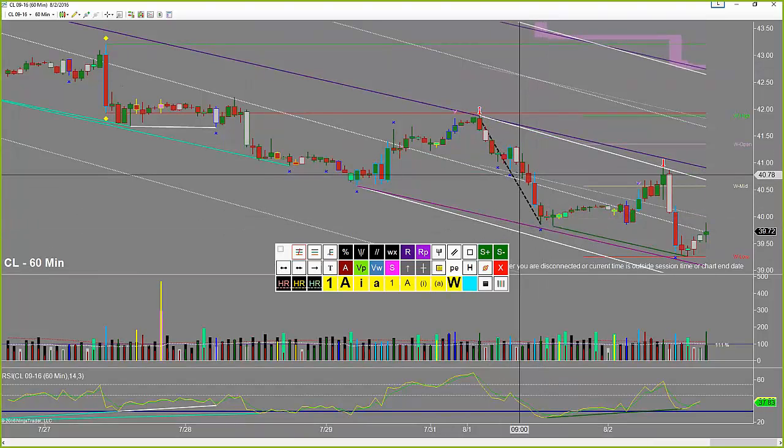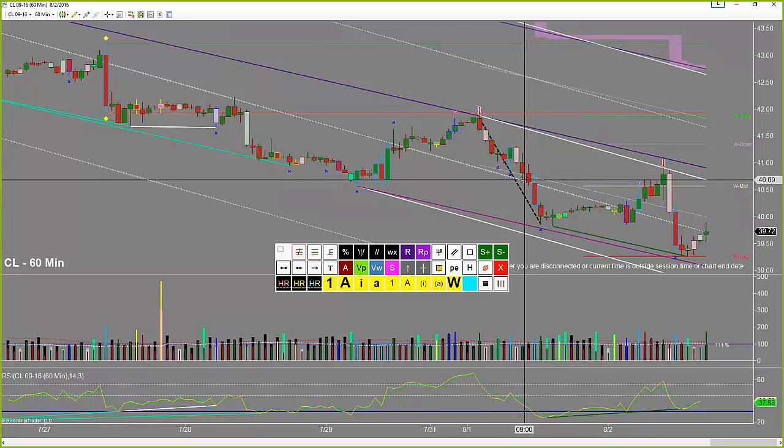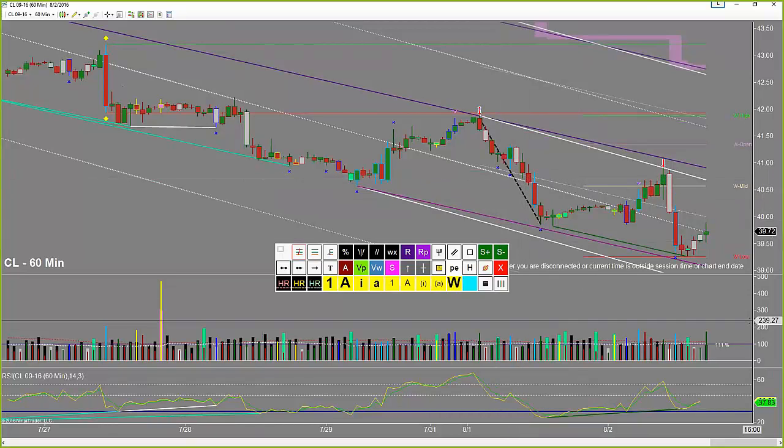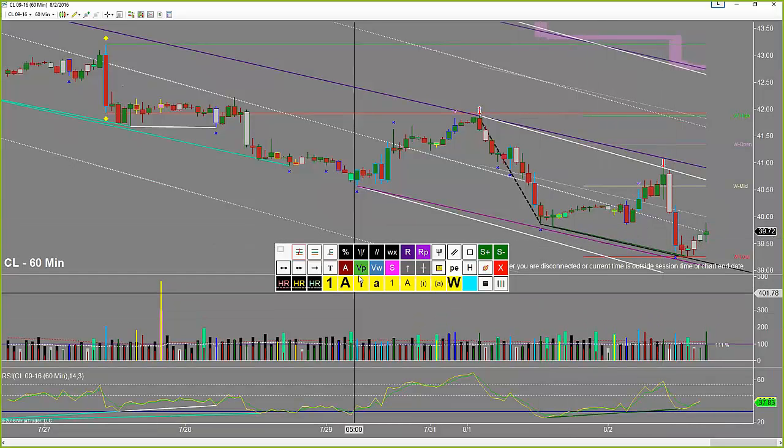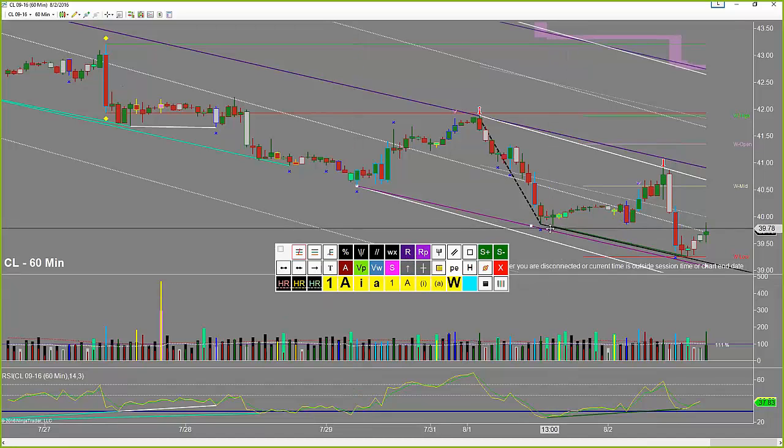So what we need to do, and this is what you need to pay attention to because this is what I should have done on the 2-minute, is you need to run a sliding parallel from that low. You do that by clicking on that dark purple or the indigo R, and that's going to do a sliding parallel of the channel.